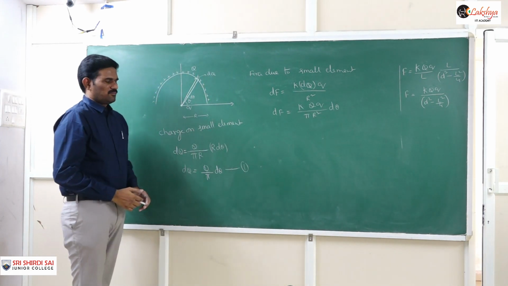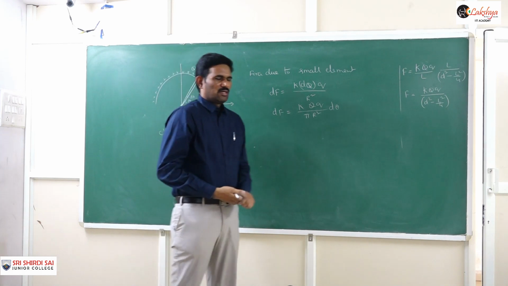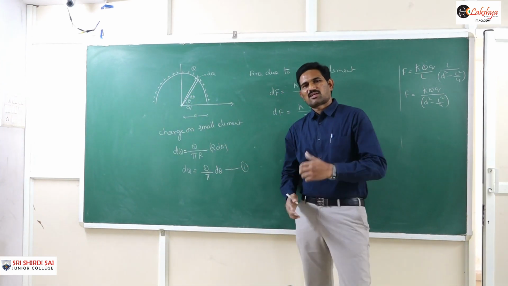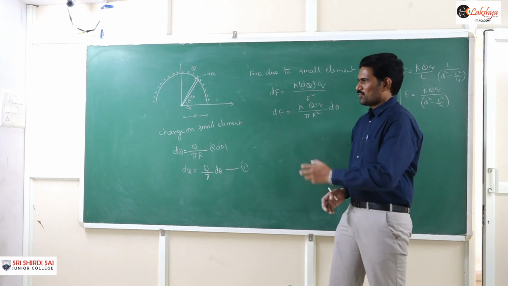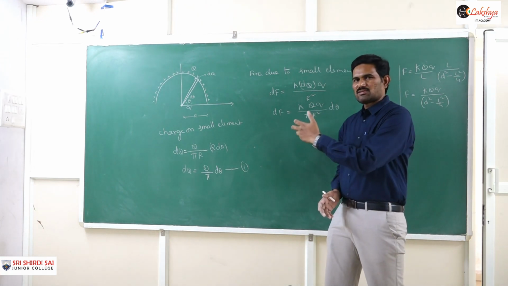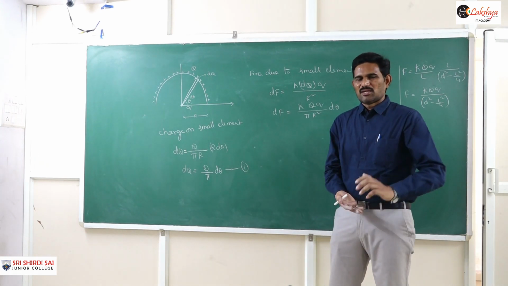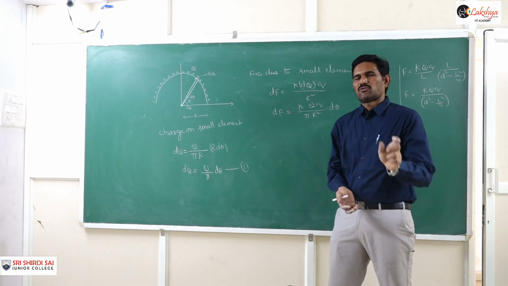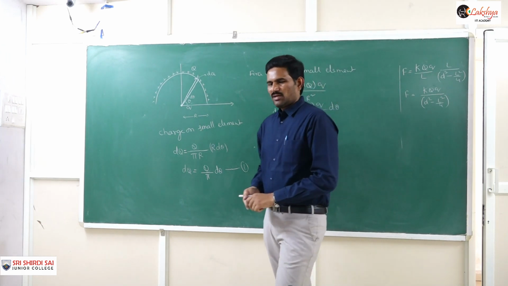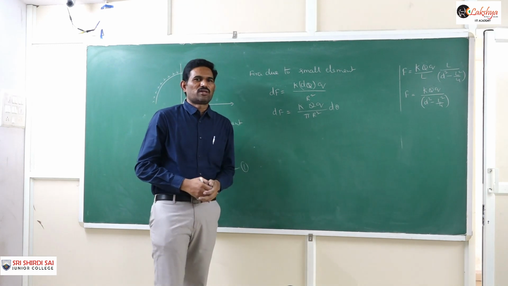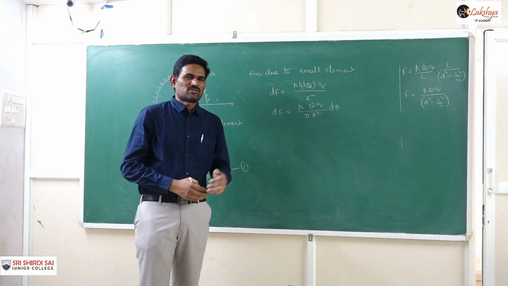So next, in this type of problems, in the previous problem, after writing the force acting on this small element, we directly integrated. Whenever a continuous charge distribution is there, and it is common for every topic, whenever you are going to integrate a vector quantity, first we need to find the direction of the vector.